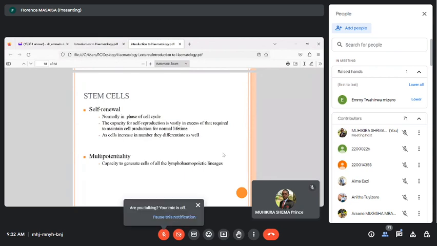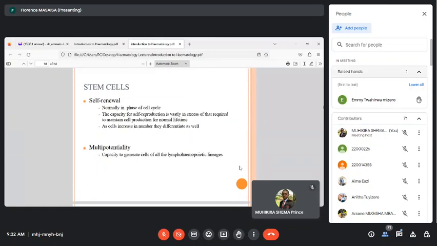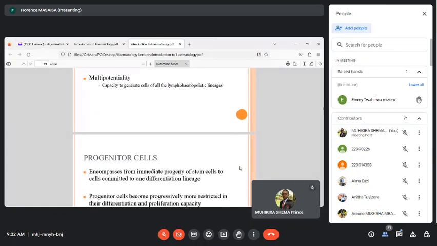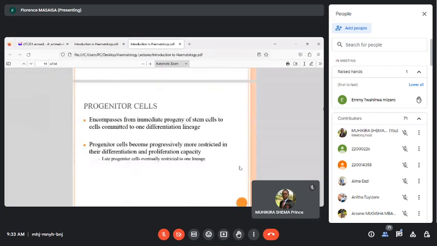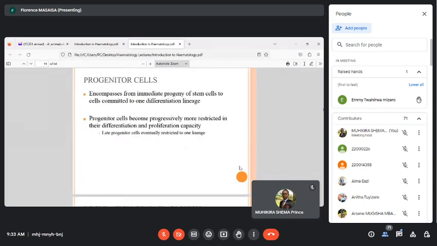So it has multipotentiality, meaning that you have all the hematopoietic lineages. Again, that is the property. After the stem cells, you have the progenitor cells, which are committed to produce one differentiated lineage, like red cell progenitors or neutrophil progenitors.